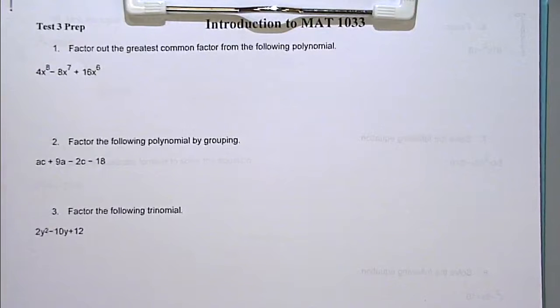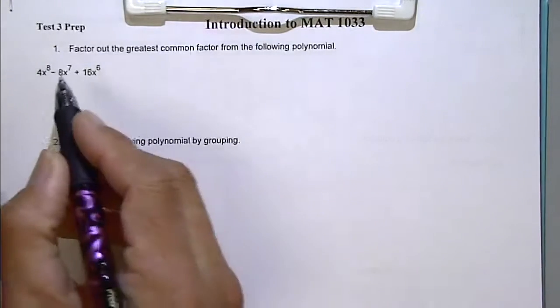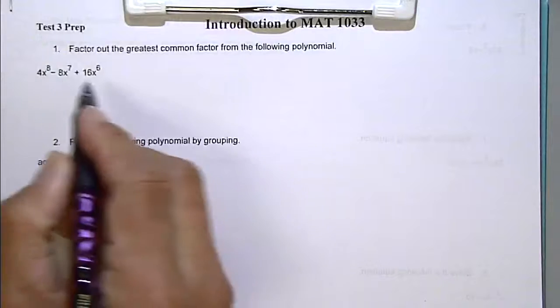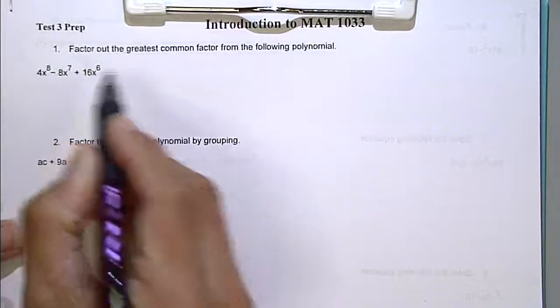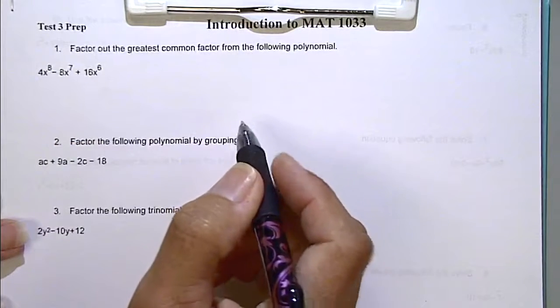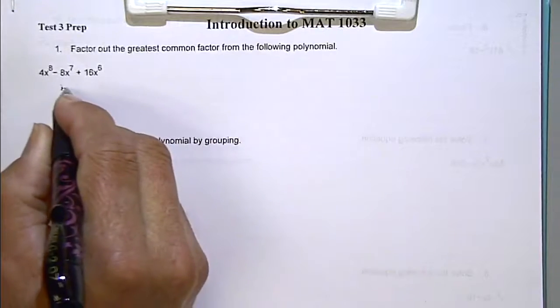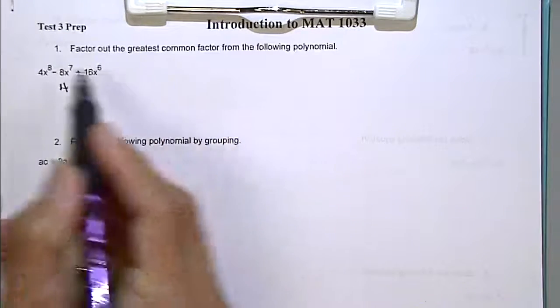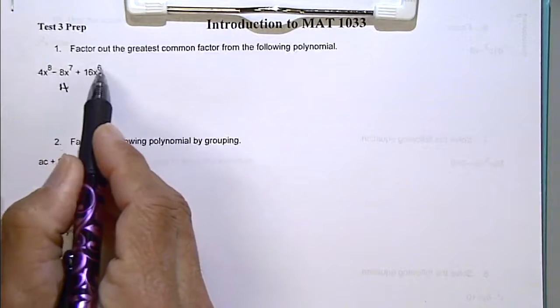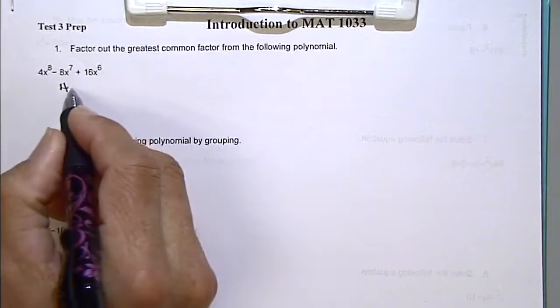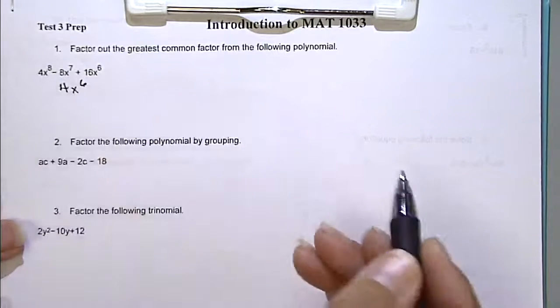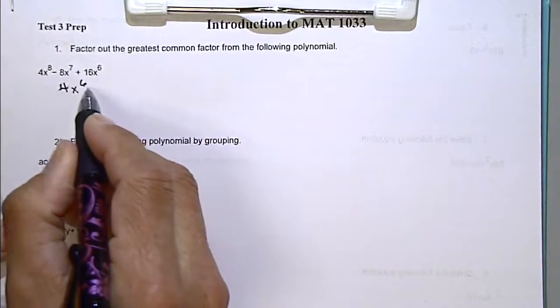You don't have to try to factor it further when it just says factor out the GCF. So what we're looking for is something in this trinomial they have in common. 4, 8, or negative 8, and 16 have a factor of 4 in common, so I have a GCF of 4. If I look at the x's, the smallest exponent is a 6, so I have a factor of 4x to the power of 6.